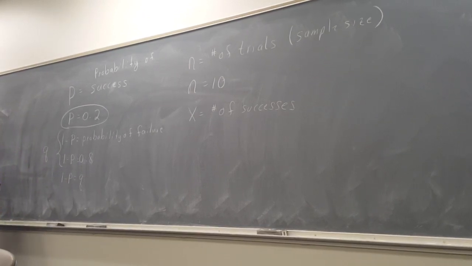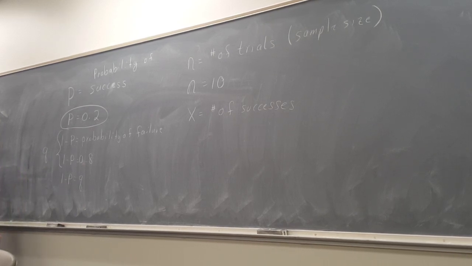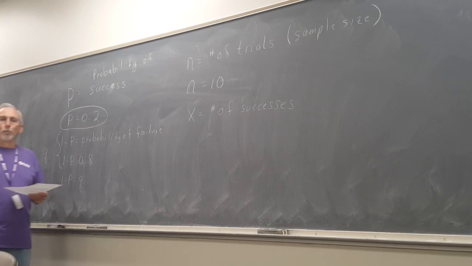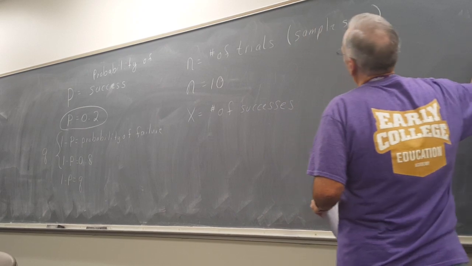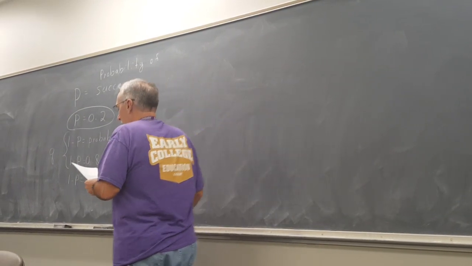Now there are 5 things that have to occur for an experiment like this to actually be called a binomial experiment or get a binomial distribution. There are 5 things that have to happen, and they're all listed on your next page.